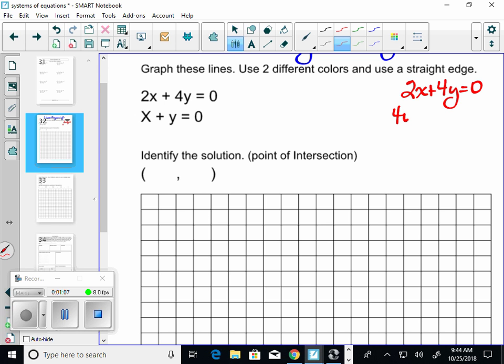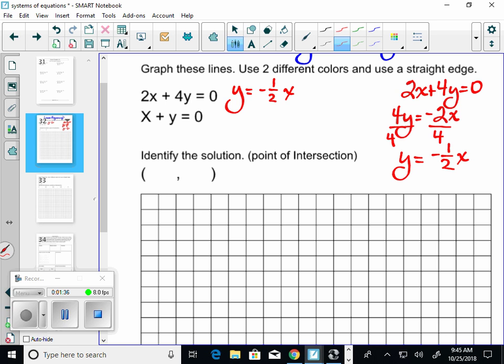So what's remaining is 4y is equal to negative 2x plus 0, and I'm just going to leave that off. Then I'm going to divide by 4. So y is equal to negative 1/2 x, because 2 divided by 4 is 1/2.